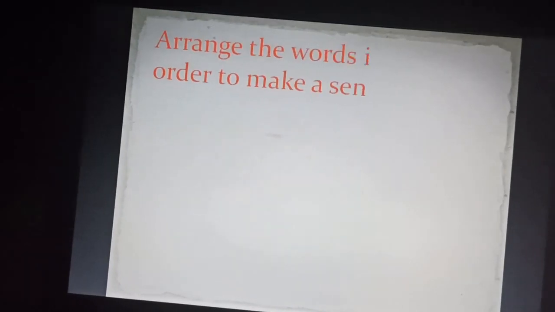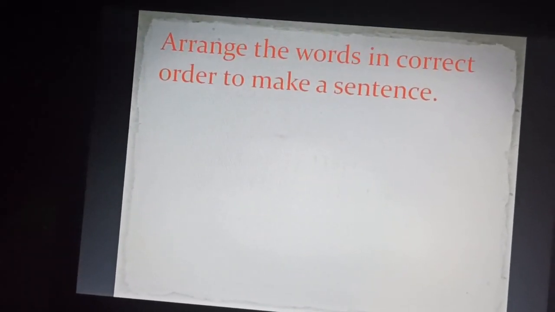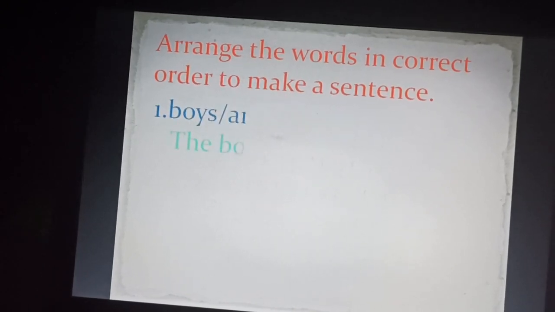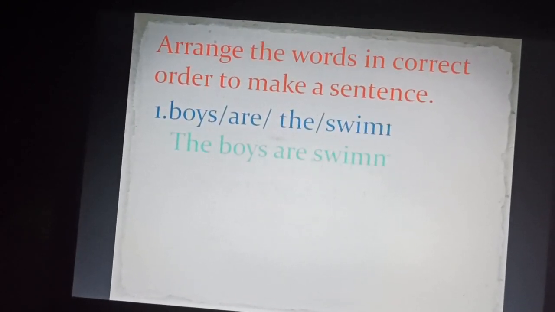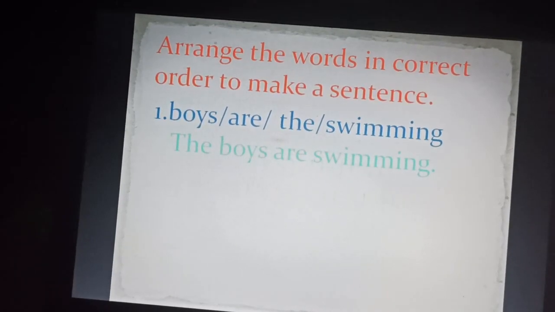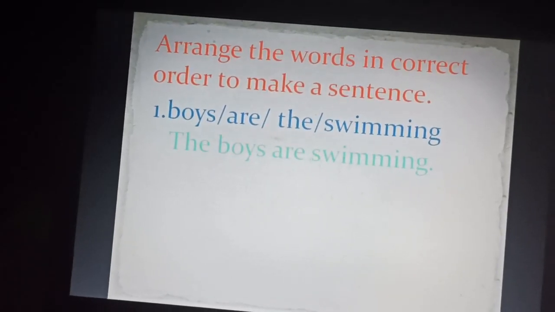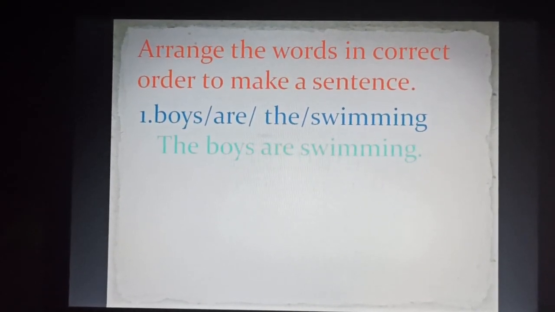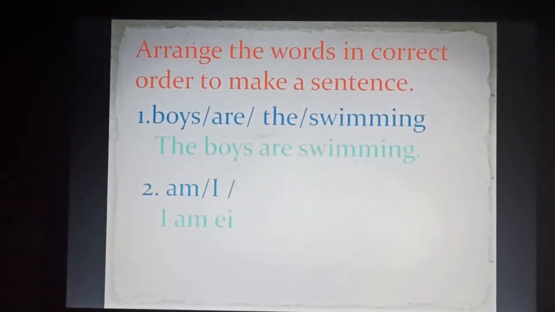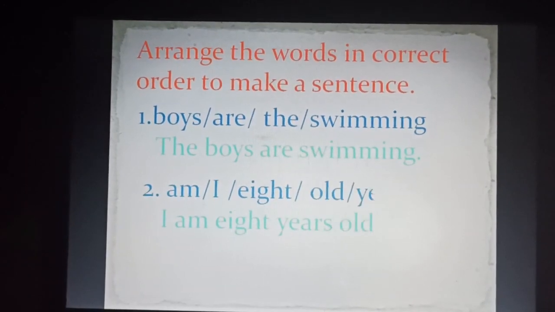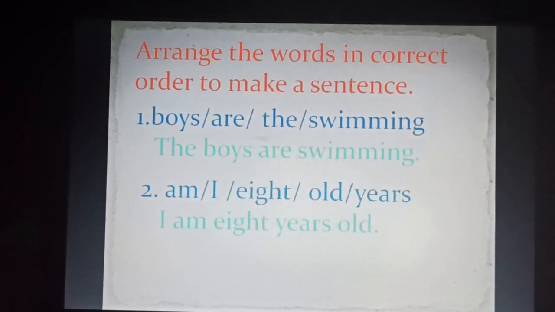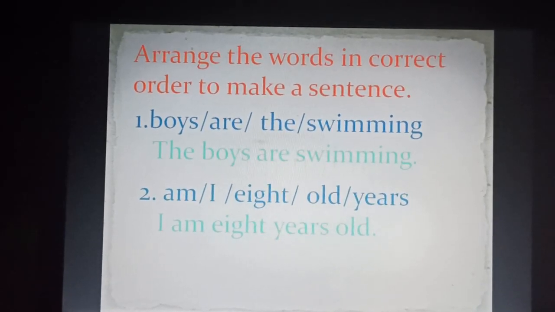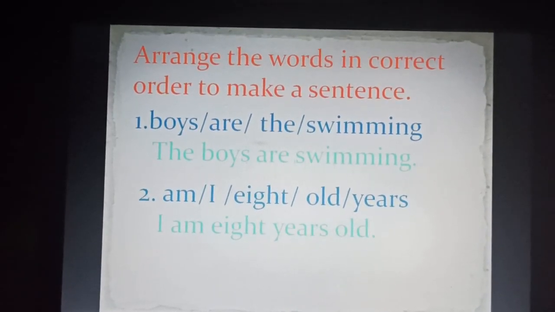Now arrange the words in correct order to make a sentence. The first example is "boys are the swimming," and the sentence will be: The boys are swimming. Second, "am I 8 old years?" Now the sentence will be: I am 8 years old.